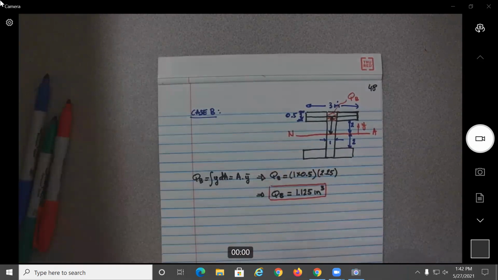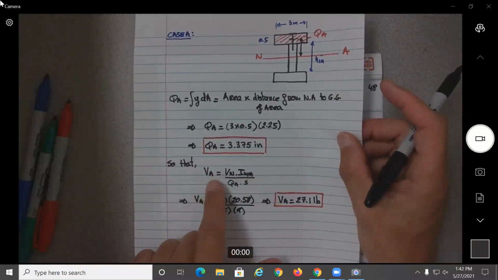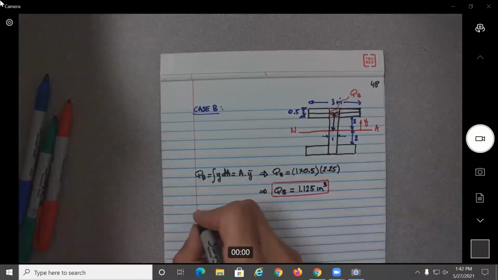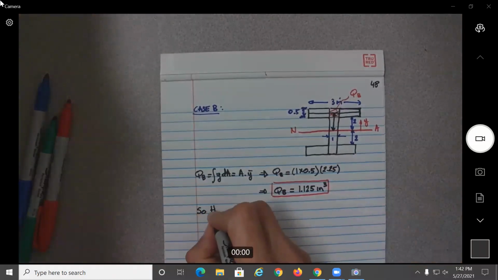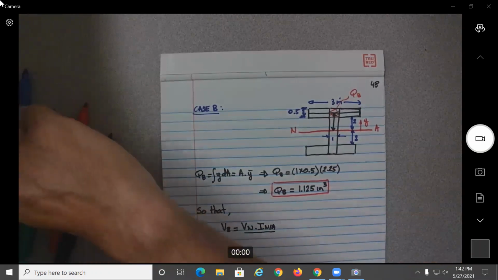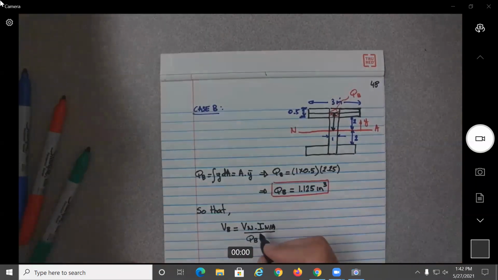So finally, as before, let's use this equation that we had to find the shear force, but for case B. So V B will be equal to V times I neutral axis divided by Q sub B times the spacing.